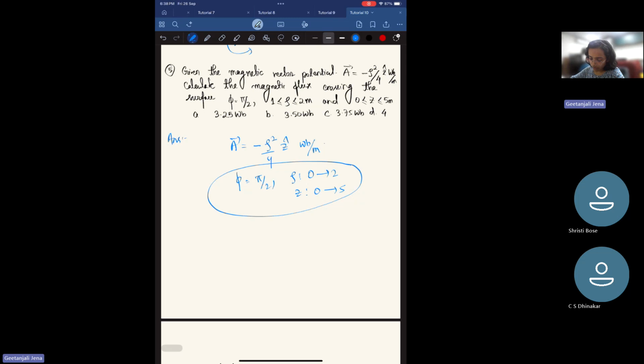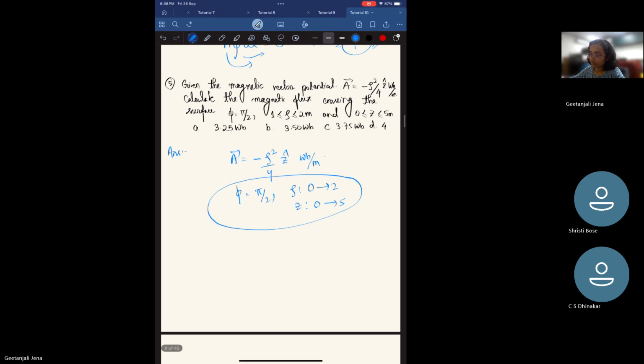Okay. Question number 5. What are you getting? Vector potential is given and the ranges are given for the surface.